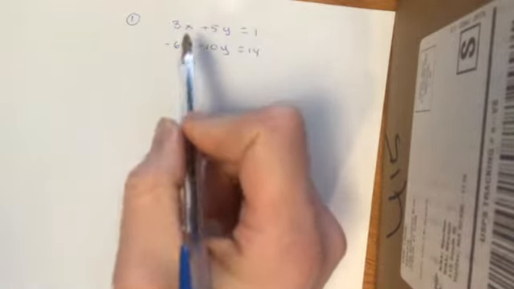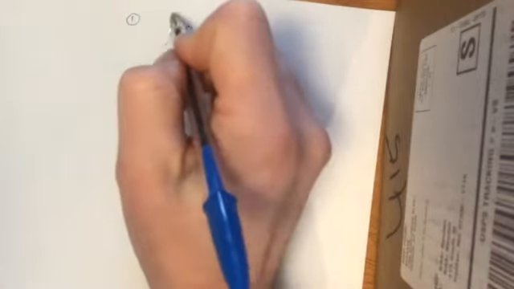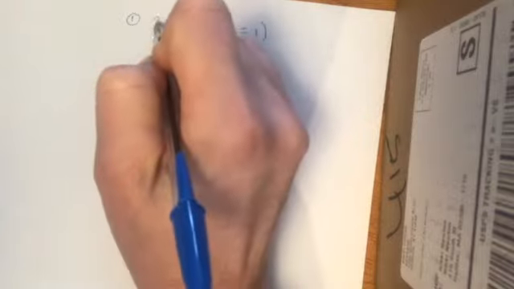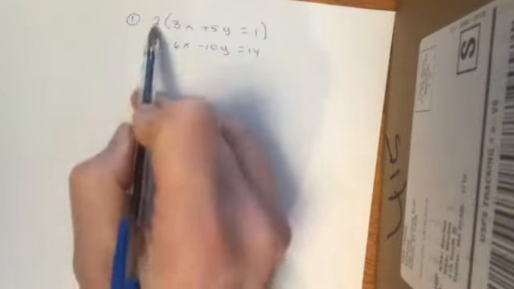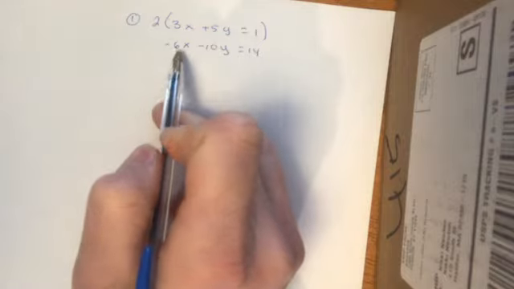So I'm going to use elimination. I look at 3 and negative 6, and I think if I multiply this equation by 2, I'm going to get a 6 here and a negative 6 in front of that x, and when I add, they'll add up to 0.